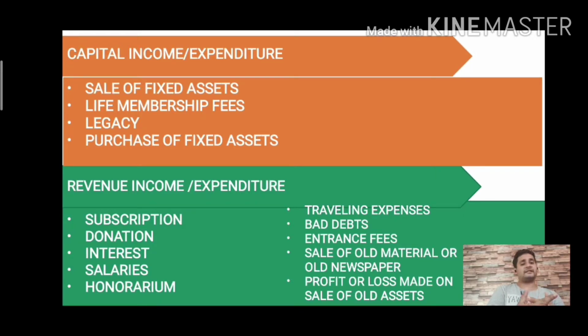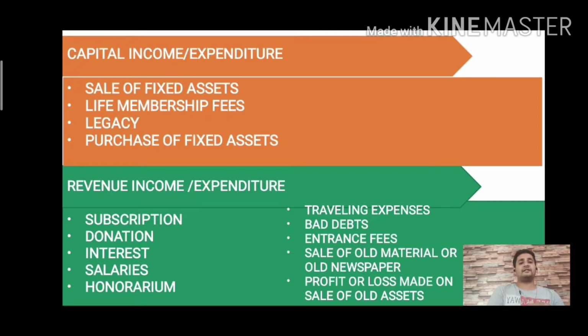Next, purchase of fixed assets is capital expenditure. These items will be excluded while preparing the income and expenditure account. Remember that if any of these items are in the question, they are not recorded while preparing the income and expenditure account.